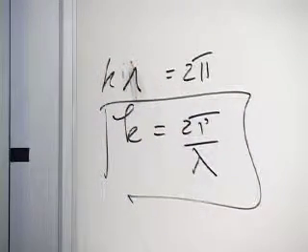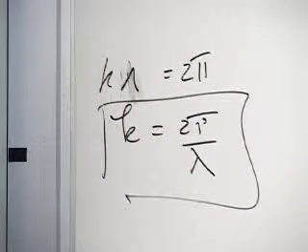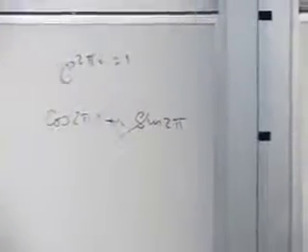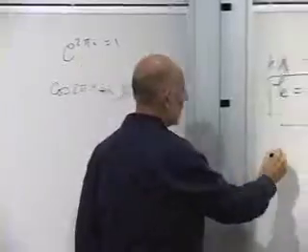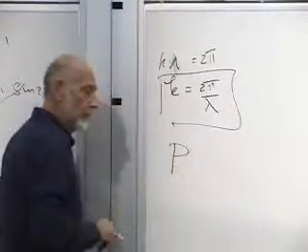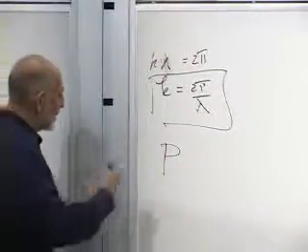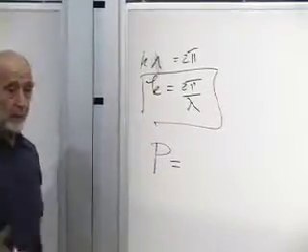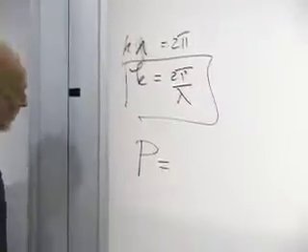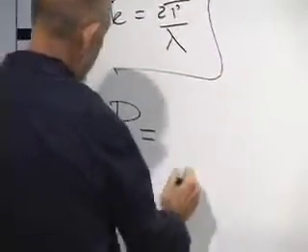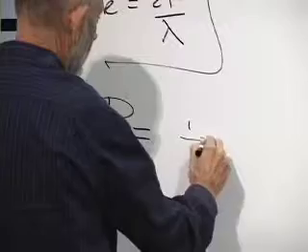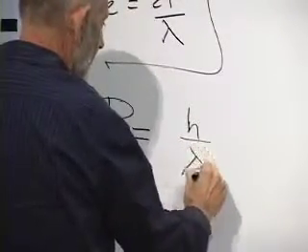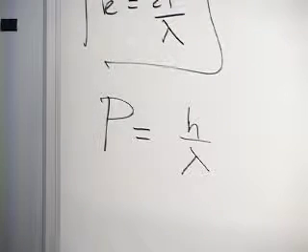Does anybody remember the relationship between the wavelength of a photon or anything else and its momentum? Right. We're making a bunch of connections. The momentum of a particle described by a given quantum mechanical wave is equal to h divided by lambda, from last time.